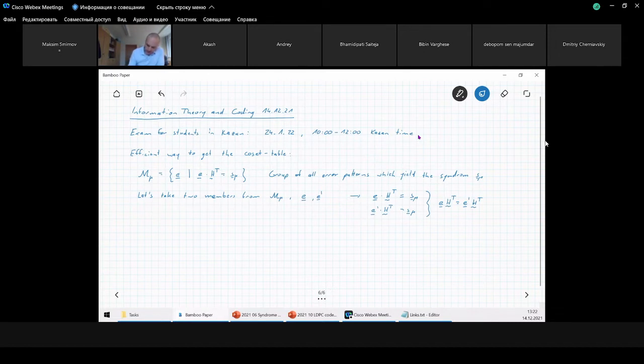Or bringing it to one side, E times H transpose minus E prime times H transpose will be 0. Or let's factor out the H transpose. Again, we need to be careful if we are dealing with matrices and vectors, but here it's okay to do it. E minus E prime times H transpose is 0.